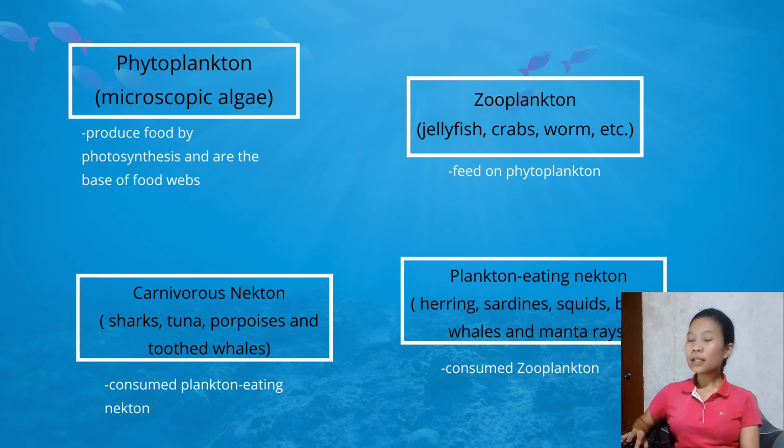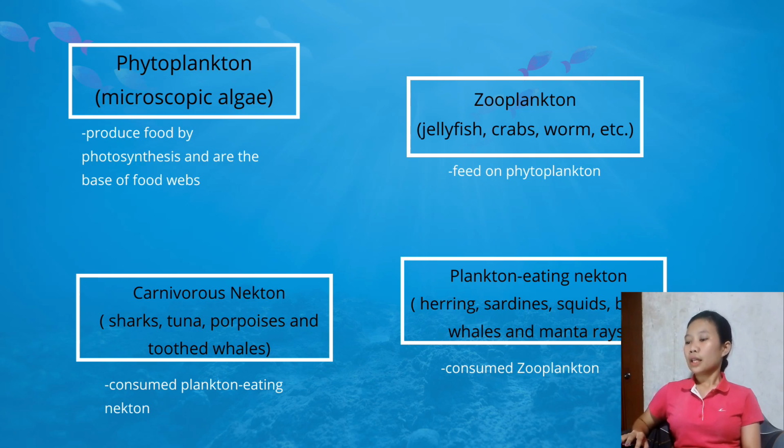And then kani si plankton eating nekton like such as herring, sardines, squids, baleen whales, and manta rays, sila ang naga-consume sa zooplankton. So, kani si plankton eating nekton, ginakaon nila si zooplankton.